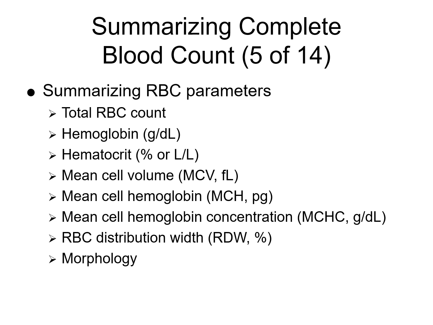The RDW, or the red cell distribution width, is a measure of the variation in red cell size, so anisocytosis. Morphology is the examination of red blood cells' shape, size, color, and presence of any inclusions, which can aid in the diagnostic information for the provider to give to the patient.